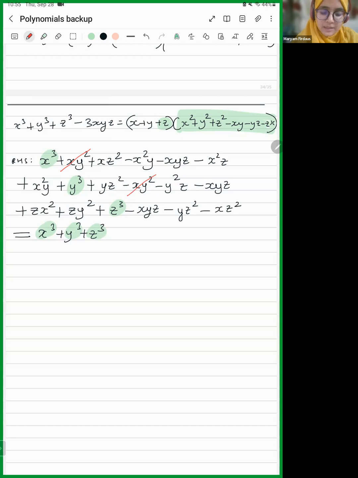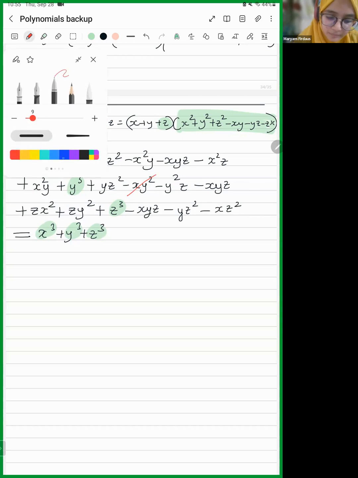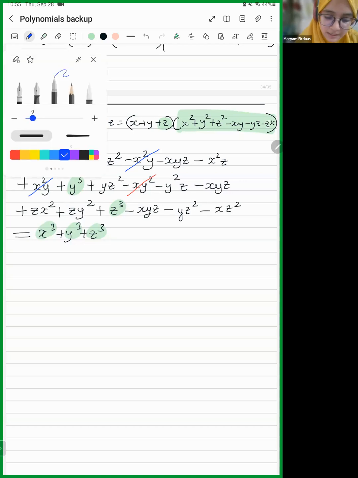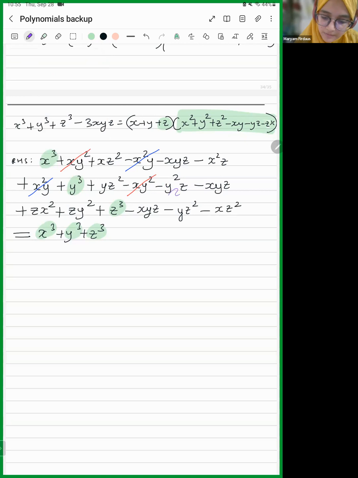They get cancelled. Then minus x square y and plus x square y. Plus yz square and minus yz square.